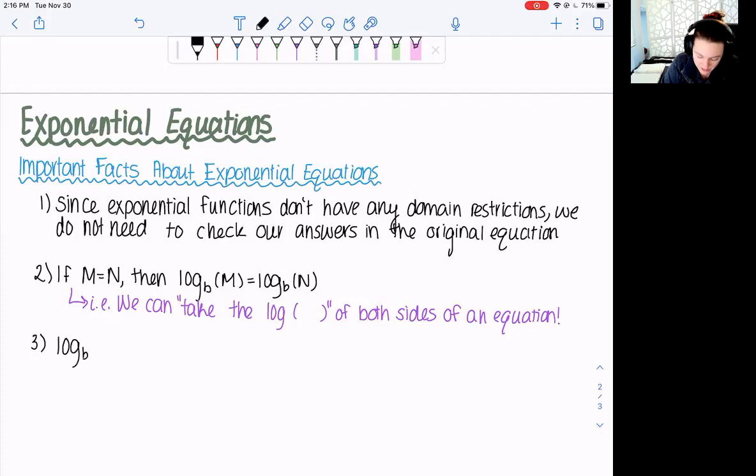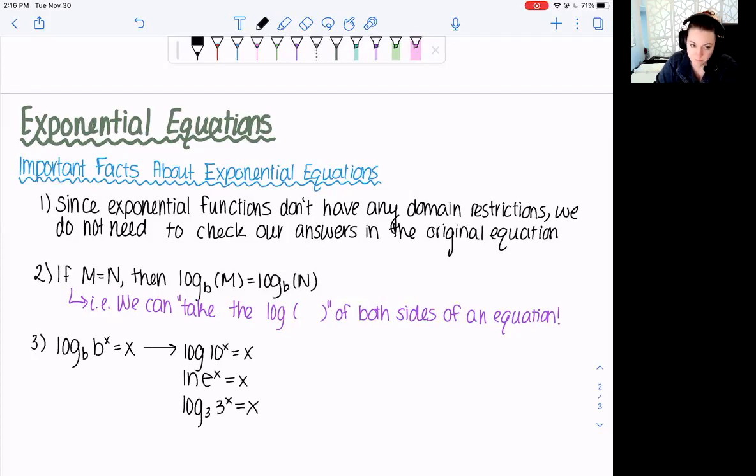If we have log base b of b raised to the x, this is equal to x. So the special cases, if you have log of 10 raised to the x, this is x, because log is base 10. If you have ln of e raised to the x, this is x, because ln is base e. And you could use a number too. Log base 3 of 3 raised to the x is x. A special case of this is when x is 1.